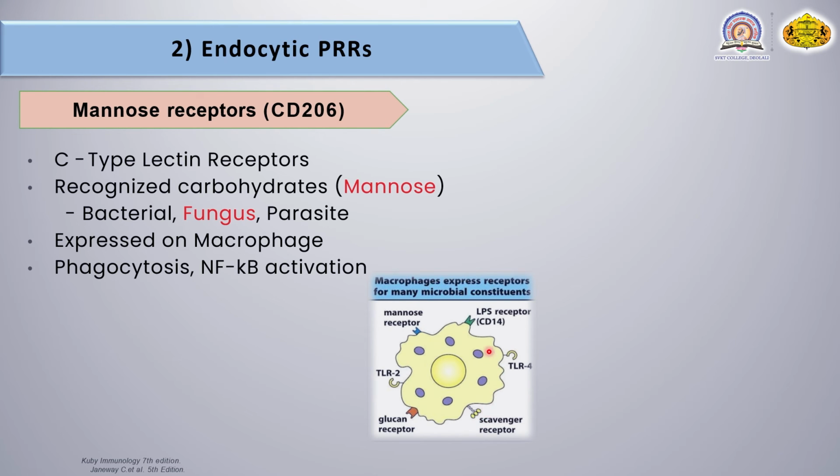So this is the LPS, the lipopolysaccharide receptor, that is the CD14 receptor, and this is a T lymphocyte receptor. There are different types of receptors present here. And on this, these endocytic receptors are produced on the surface, and they are responsible for the activation of the macrophages, and further activation of this macrophage leads to the enhancement of phagocytosis.